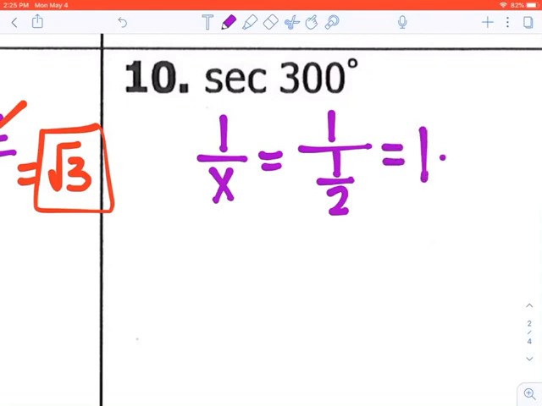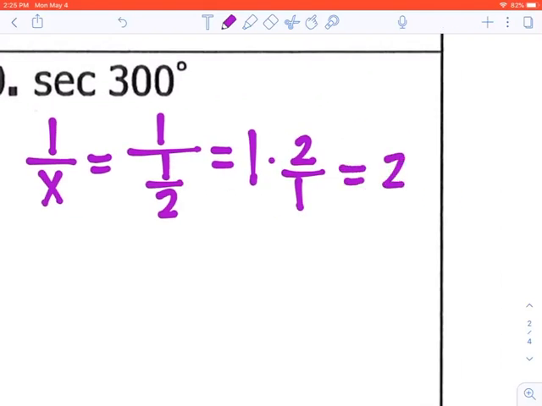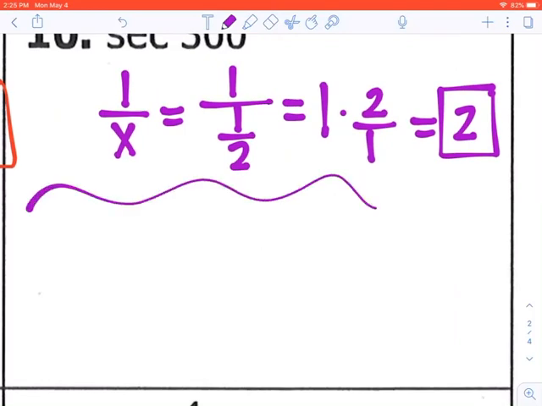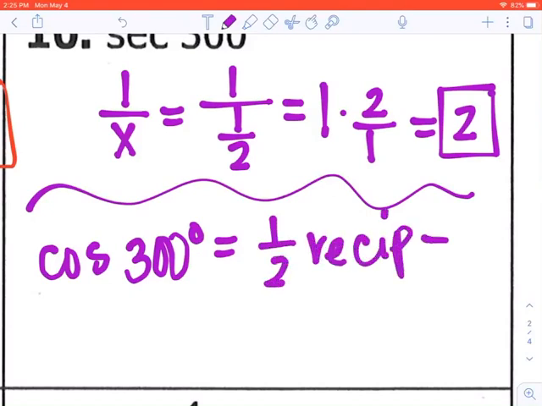So it's 1 times 2 over 1, because when we divide two fractions, we multiply by the reciprocal, and we just get 2. You can also say cosine of 300 degrees is equal to 1/2. Take the reciprocal of this, and you get 2 also. So you can look at it either way.